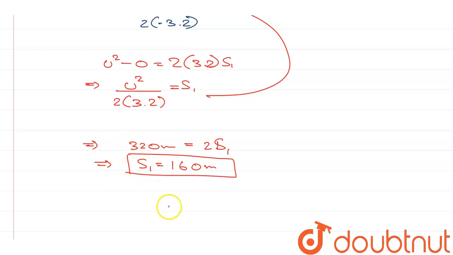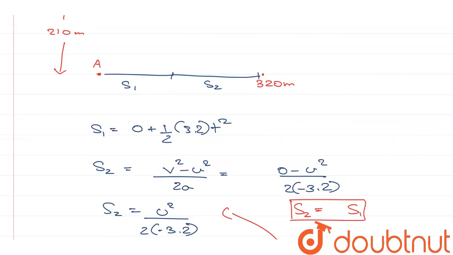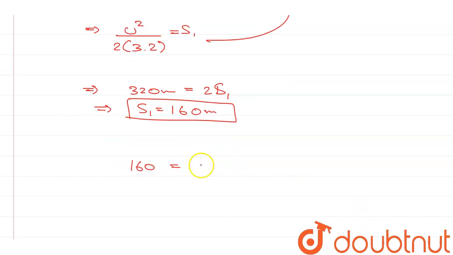And if S1 is equal to 160 meters, I can put this value in the original equation that we found out for S1. So 160 is equal to 1 by 2 into 3.2 into t square. So 2, 1.6, 10 and 0.1.